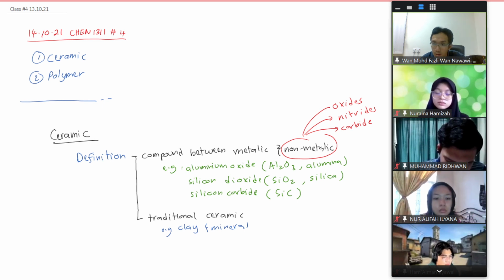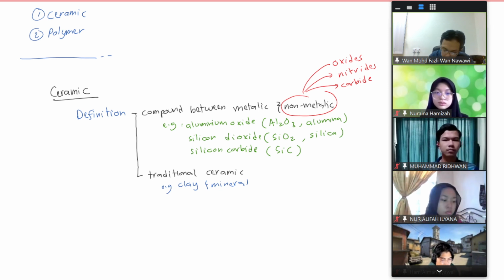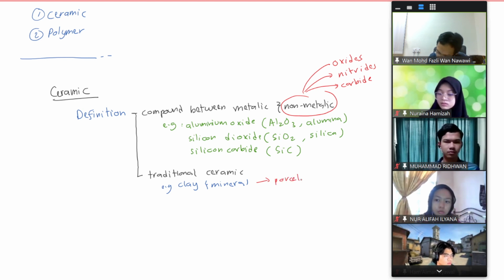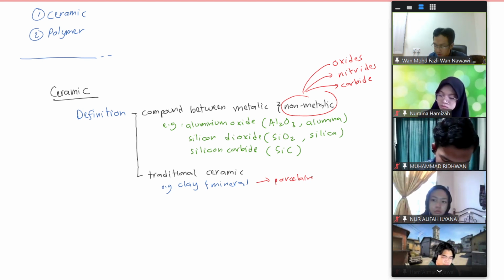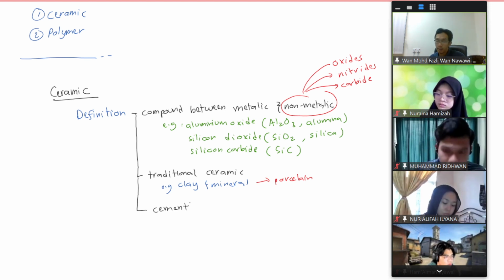So let's go down. And then what else? Example for this clay and mineral is the porcelain, and also the earthenware and so on. And then under the ceramic category they also have cement, that is also ceramic.